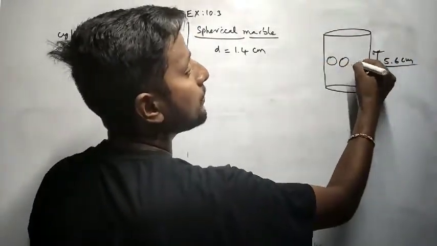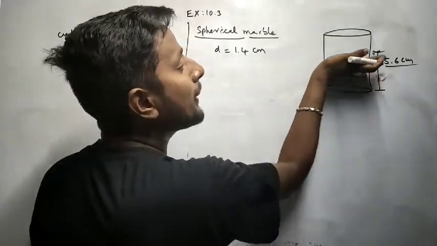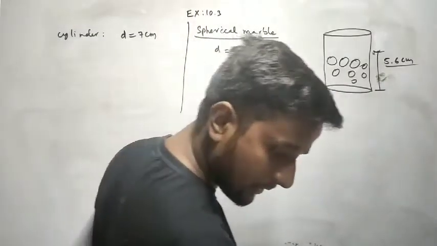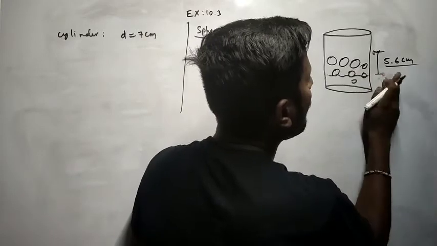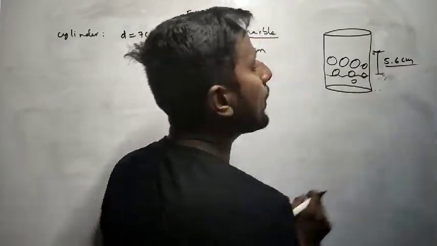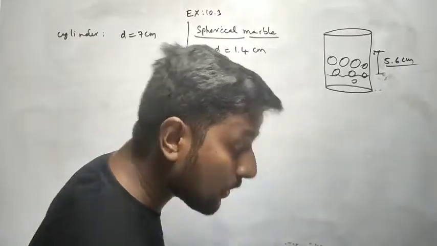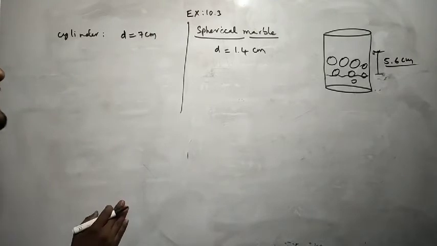So number of spherical marbles I put in the beaker, then the water level raised to 5.6 centimeters. Okay, the height of the water raised. So already if you take basic level of water, from here the water level has increased 5.6 centimeters. Then what should we find? How many marbles are required to raise the water up to 5.6 centimeters?